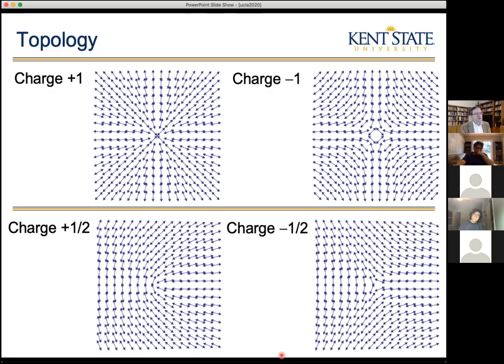And so to analyze these kinds of structures, we would want to do a construction sort of akin to Gauss's law, right? So we would want to draw a loop around any defect core, any of the singularities, and see what happens to the orientation of the director as you move around a loop.